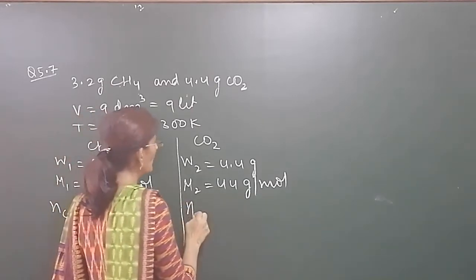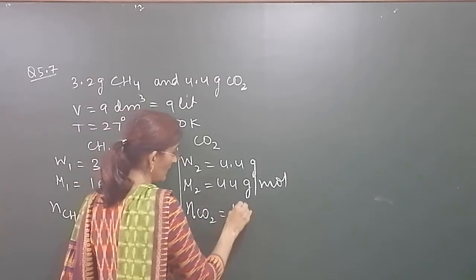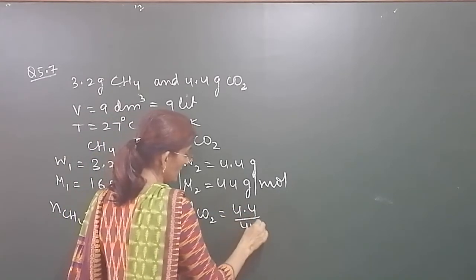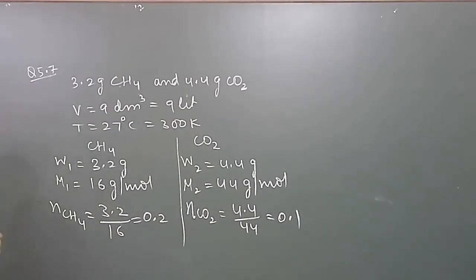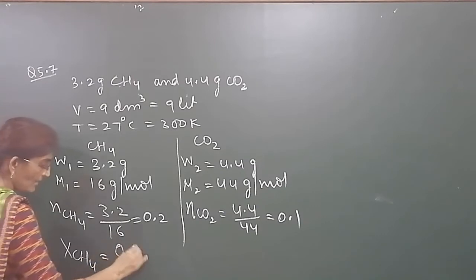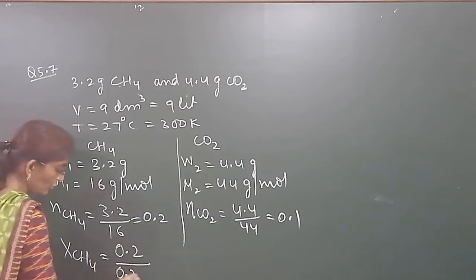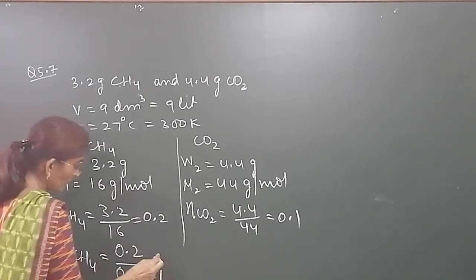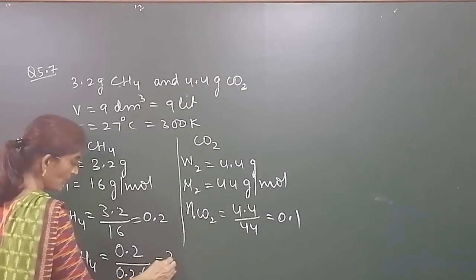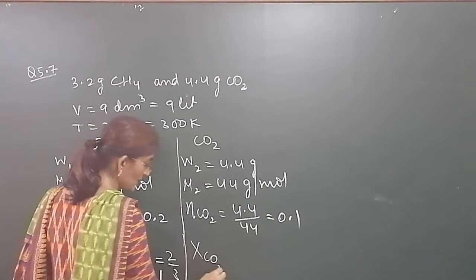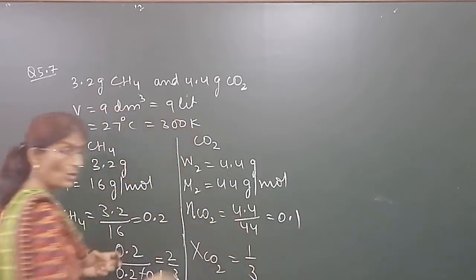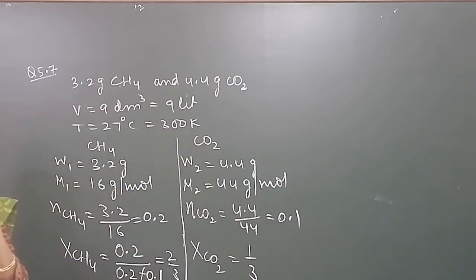Moles of CO2 will be weight upon molecular weight, so it is 0.1. How to find mole fraction of methane? Moles of methane upon total moles, 0.2 plus 0.1, so it would be 2 by 3. And if mole fraction of methane is 2 by 3, what is the mole fraction of CO2? 1 by 3, because we know the sum of the mole fractions is always equal to 1.